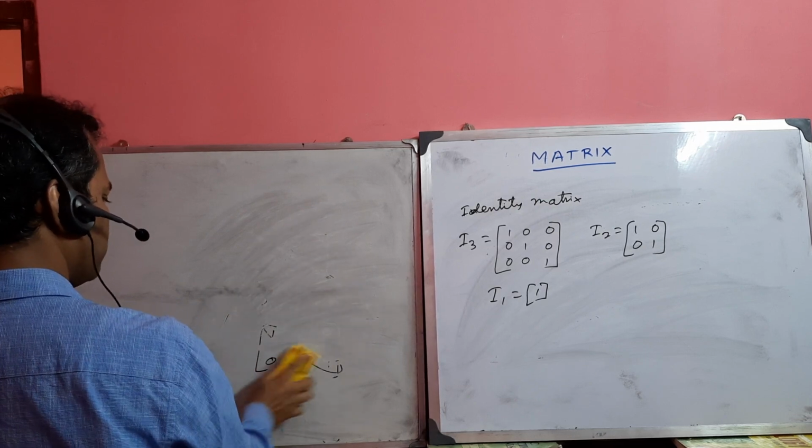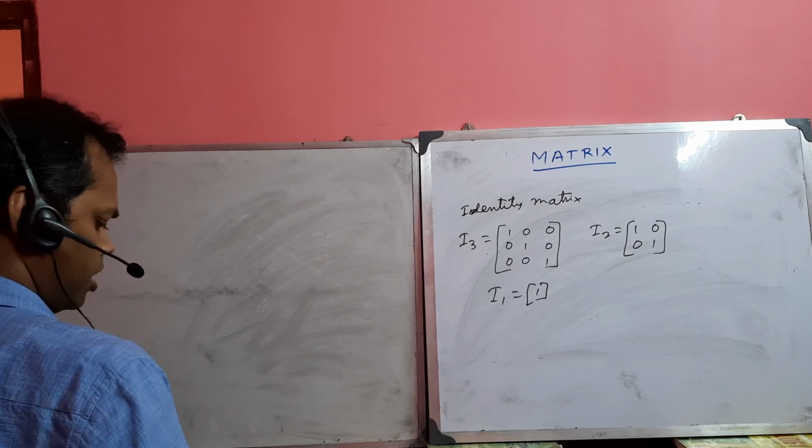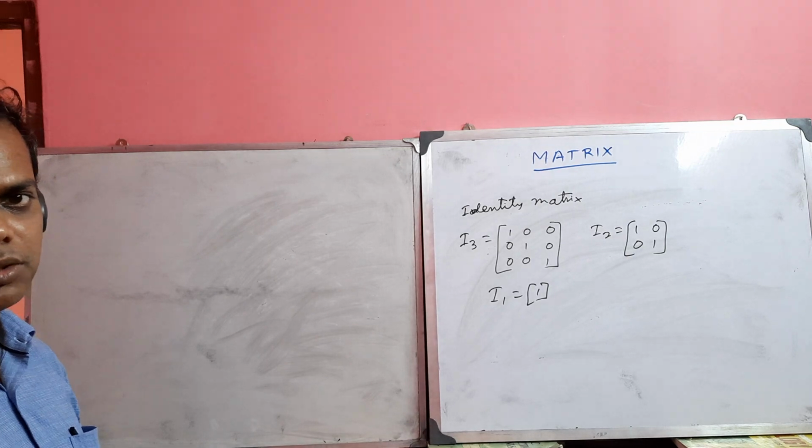Now we discuss operations on matrix. Operations on matrix means A plus B, addition, subtraction, multiplication. Division is not applied on matrix.